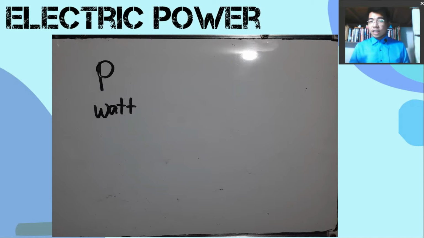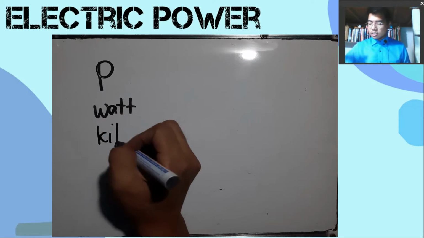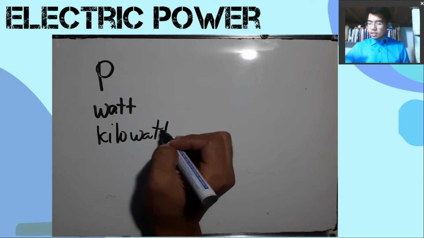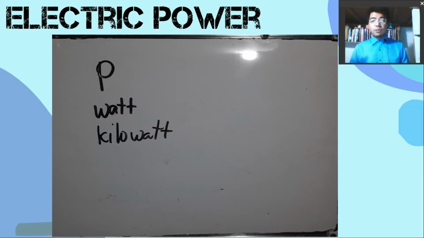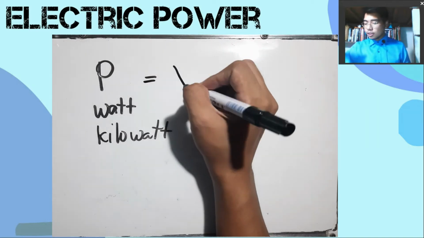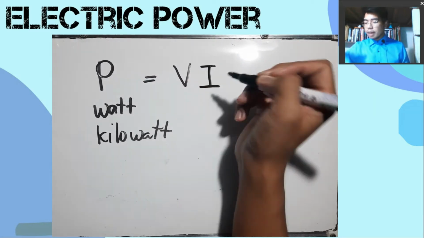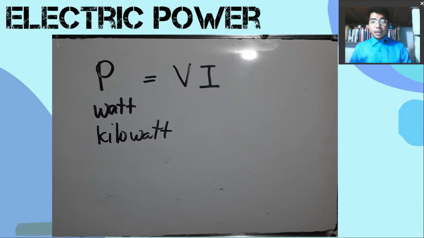In Meralco, they use the unit kilowatt or kilowatts, and this is always considered per hour. Later on, we're going to consider why we look at the amount of consumption per hour of appliance use. To get the electric power exerted upon a certain gadget, we multiply voltage with the amount of current available.